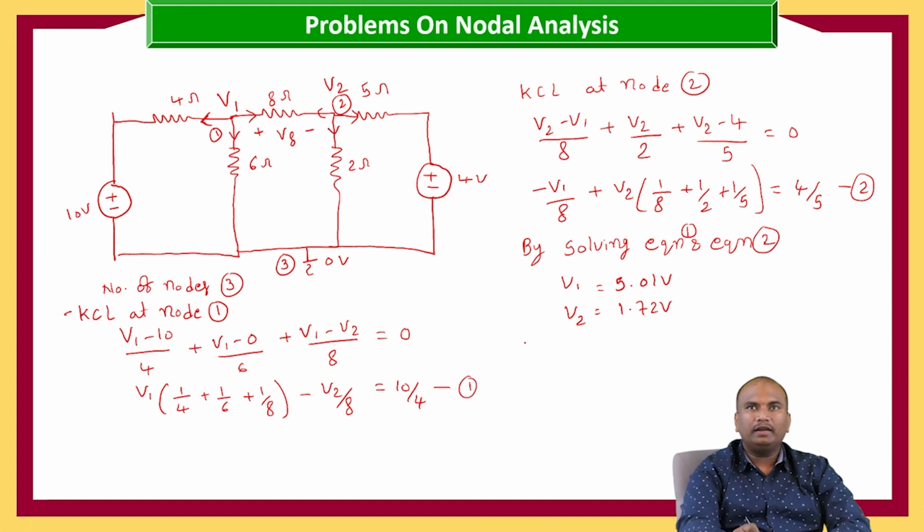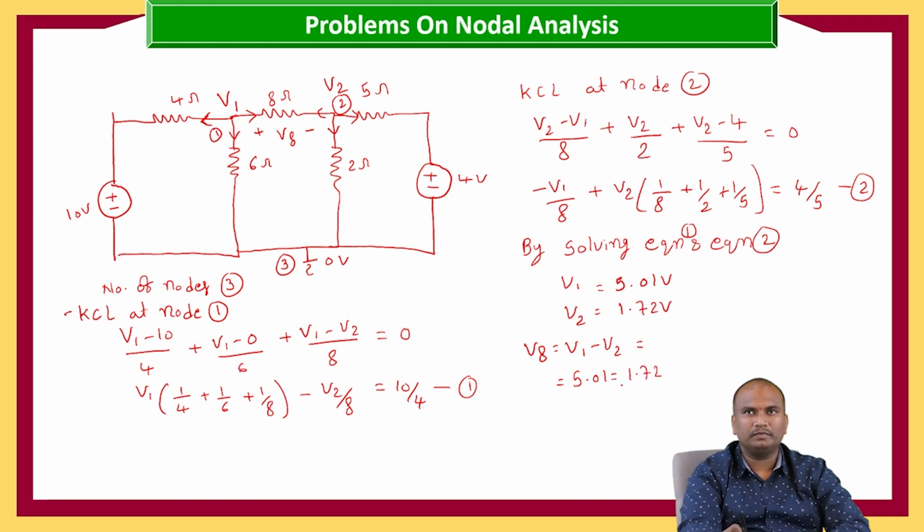We need to calculate the voltage across 8 ohms with this terminal as positive. That is V1 minus V2, which equals 5.01 minus 1.72, that is 3.29 volts.